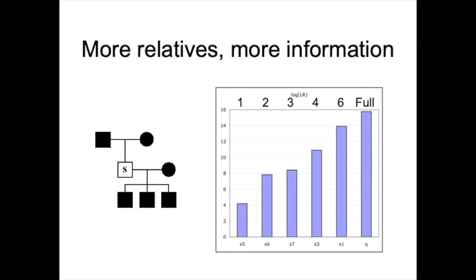And you see as we go 1, 2, 3, 4, 6, putting in more and more relatives in the genetic reconstruction, the computer gets more and more information until finally, with 6 relatives, we're almost at the right column, which is the full amount of genetic information. So these genetic reconstructions that our system does are very powerful in working with family members to reconstruct the missing person's genotype from the relatives' genotypes.